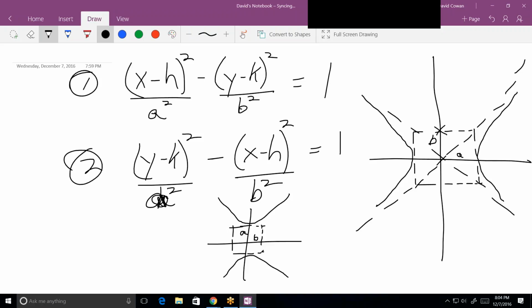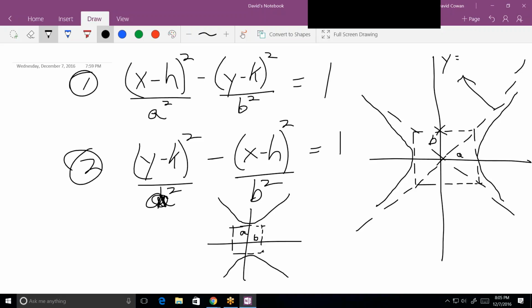Okay. And one of the things they're going to ask you for is the equation of those diagonal asymptotes. Well, notice in the drawing on the right, what's the positive slope of that asymptote? It's rise over run, correct?